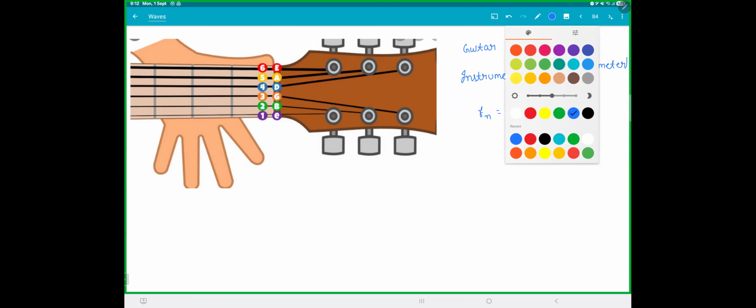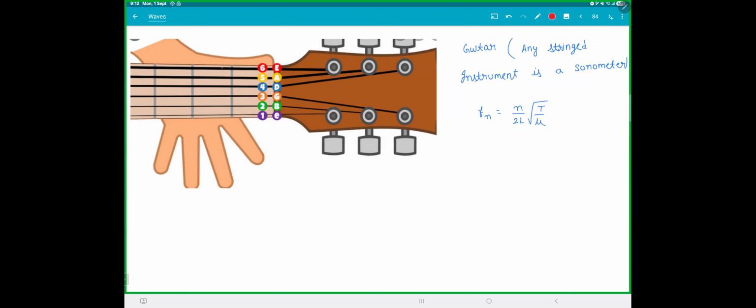Now in a guitar, first thing, look at the strings here. Can you see the thickness of the strings? If you take a guitar, you have 6 strings. All have different thickness. Means what? You have different mu values. Meaning at the same length, if I pluck the 6 strings, I get 6 different frequencies, no? So you're changing the mu value.